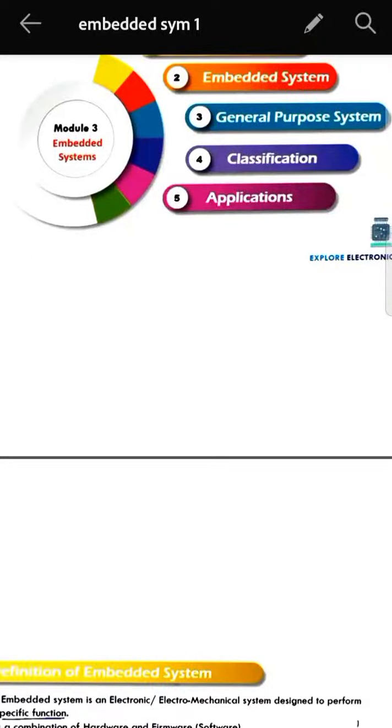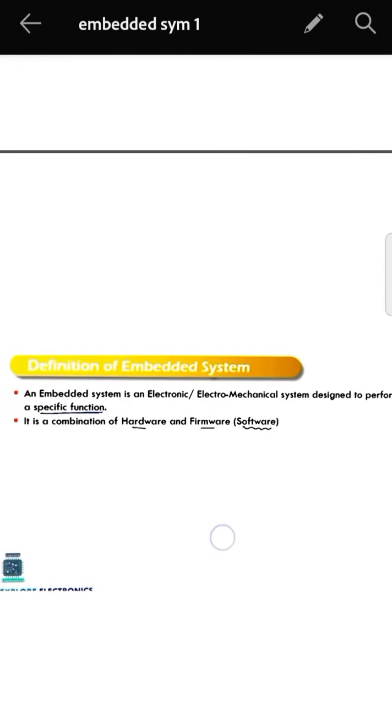First one is the definition of the embedded system. What is the definition of, or what is, an embedded system? An embedded system is an electronic or electromechanical system designed to perform a specific function.